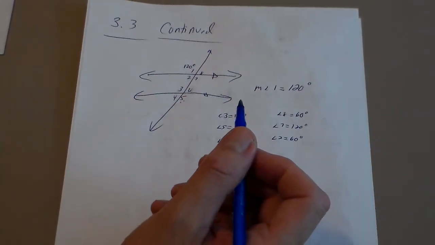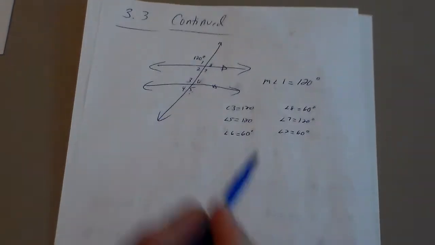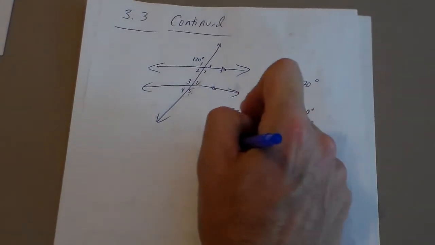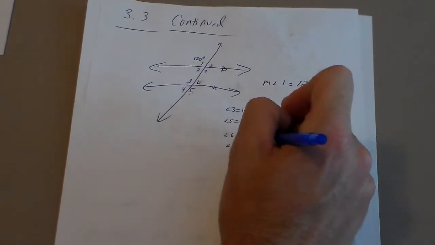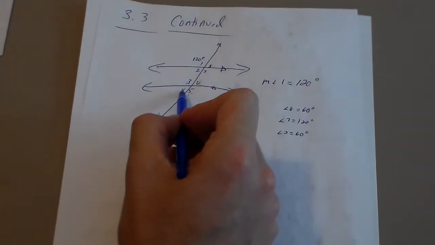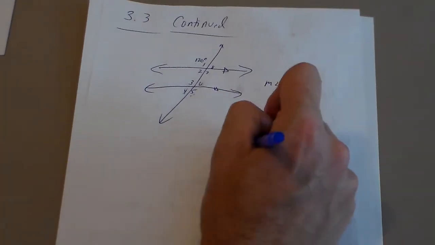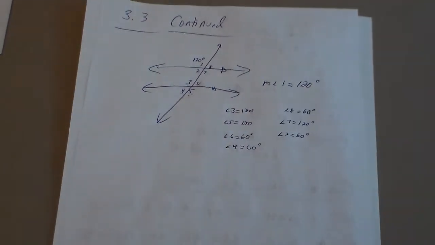So I don't know if I'm missing anything. Let's see, I have 2, 3, 5, 6, 7, 8, just number 4. So look at angle 4. I want to know what angle 4 equals. Well, angle 4 is going to be the same as 6 because they're vertical angles, and 6 is 60, so that means that 4 has got to be 60.